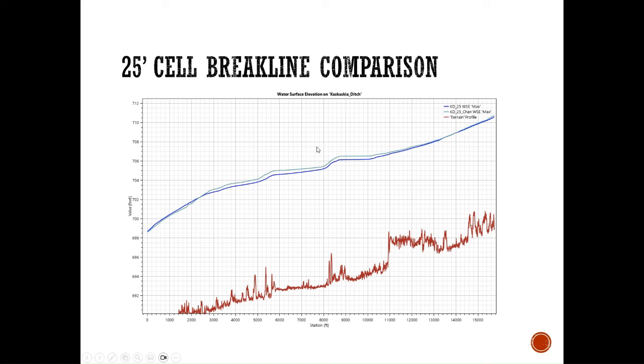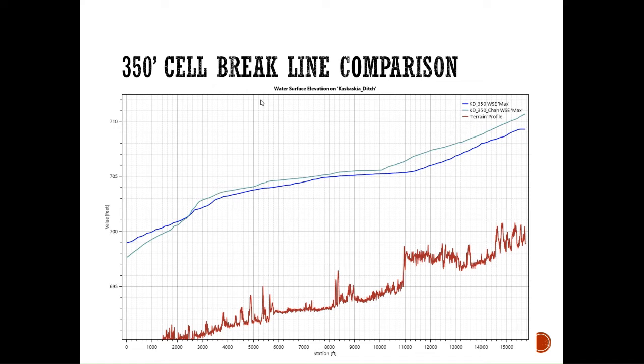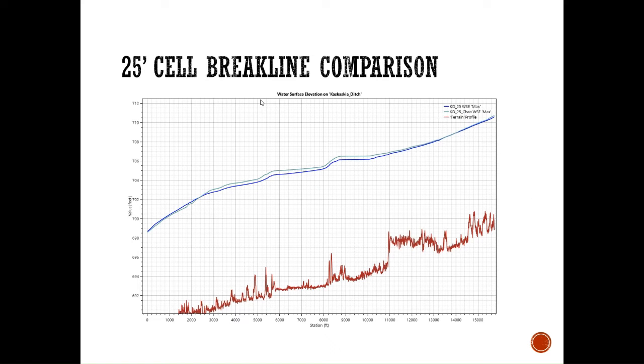The reason for that is the 25-foot cell mesh is already picking up some of that interaction between the channel and the overbanks, just by nature of having a higher resolution mesh. So we see a bigger difference when we've got that 350-foot cell grid and add those break lines in the channel and the banks, more so than we see with the higher resolution 25-foot cell mesh.